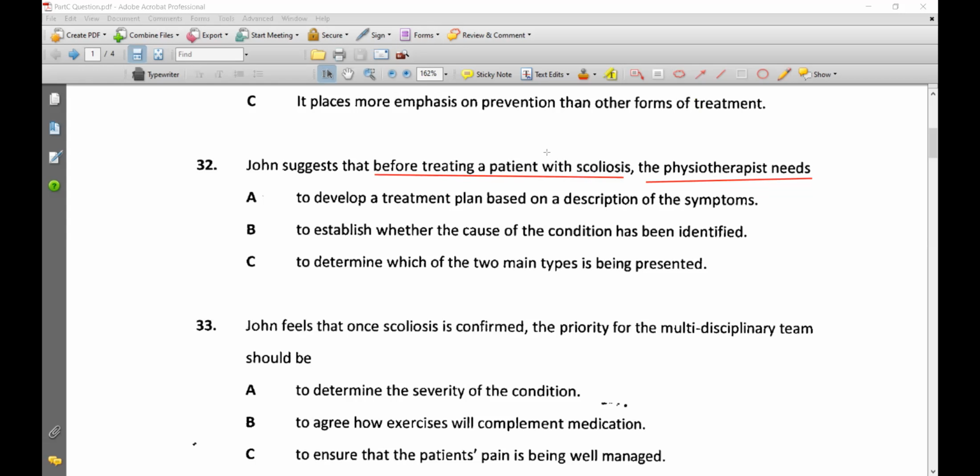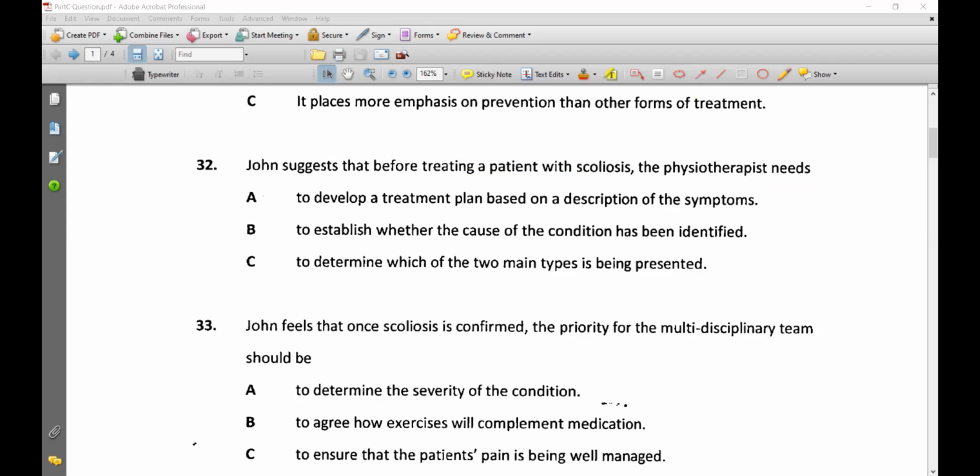So now you can imagine that probably they are going to talk about treatment for scoliosis particularly, and probably they are going to give a stage-wise description. So this is before treating. Before you have developed an action plan for them, what all factors do you consider for that particular patient?